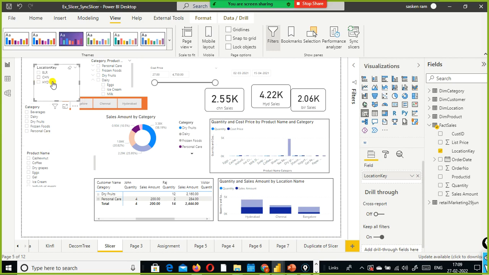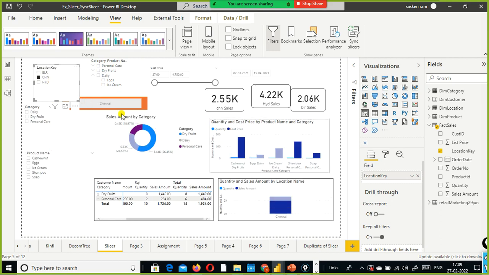In each location, take Chennai for example, they are selling products under only these 3 categories. So all the three categories' related data only got displayed here. It excluded the other 2 categories. This is called cross filtering.